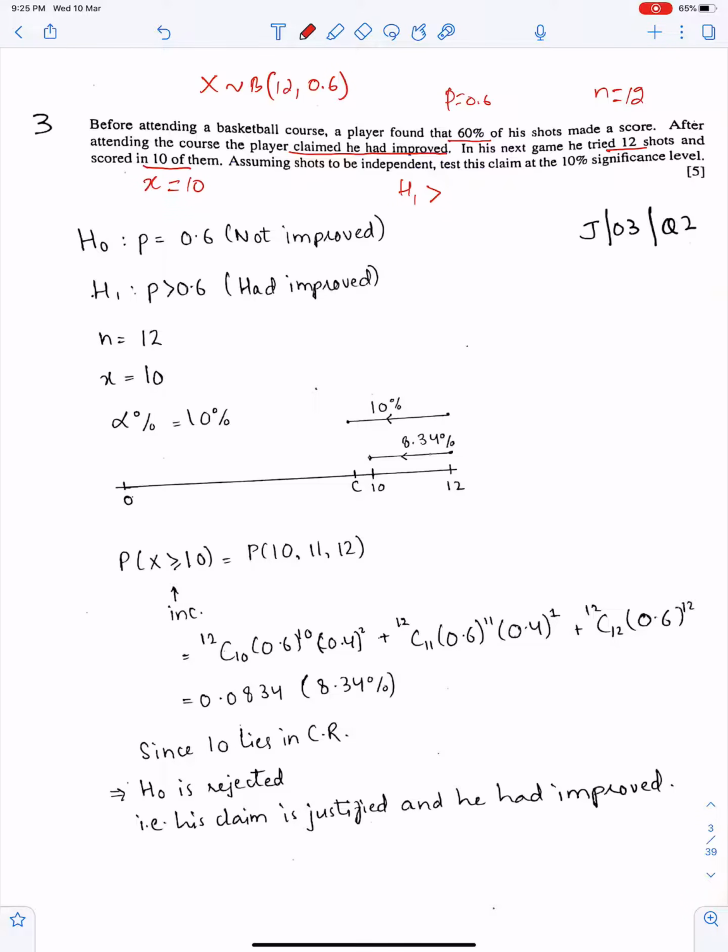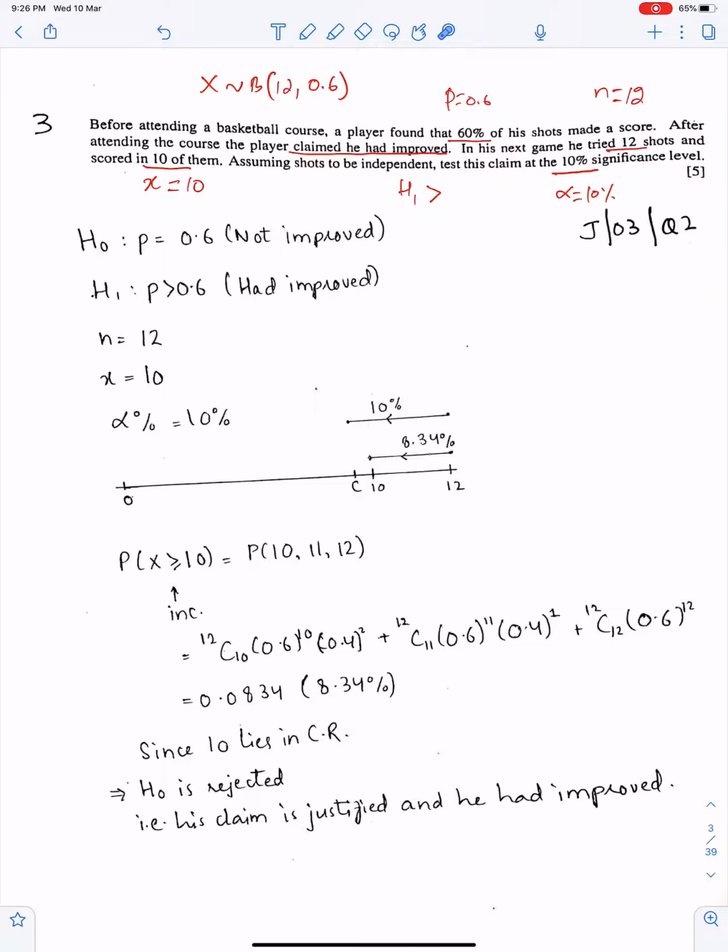And this is the alpha, the level of significance. And this test is of upper tail because of this greater sign. When H1 involves a greater sign, then we do upper tail test. The critical region is here. This is the probability of critical region, 10%.